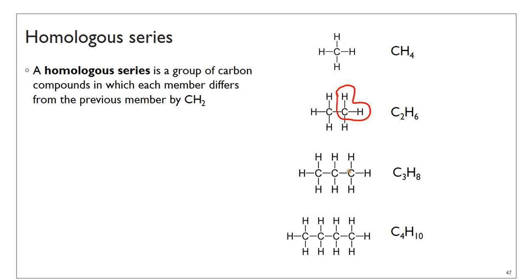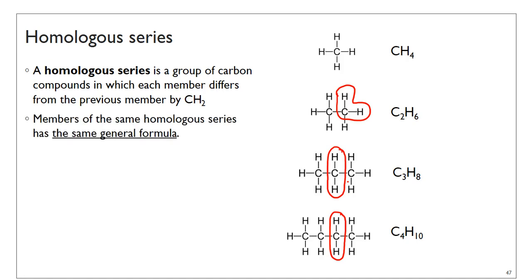And then from C2H6 to C3H8, I'm adding another CH2, and from C3H8 to C4H10, I'm adding another CH2. So essentially what we have here are the first four members of a homologous series, and each member differs from the previous one by CH2.